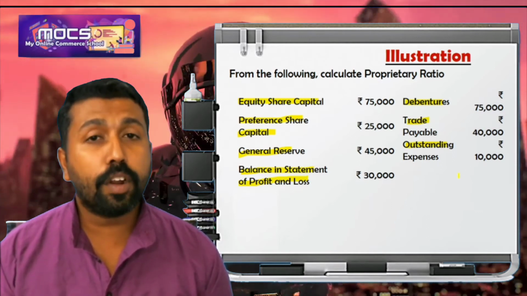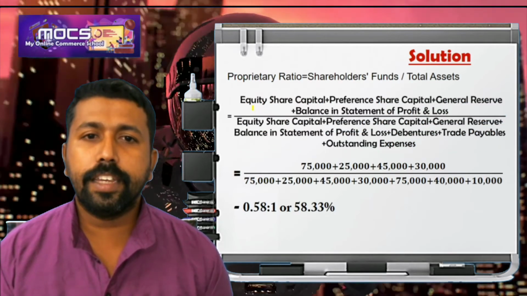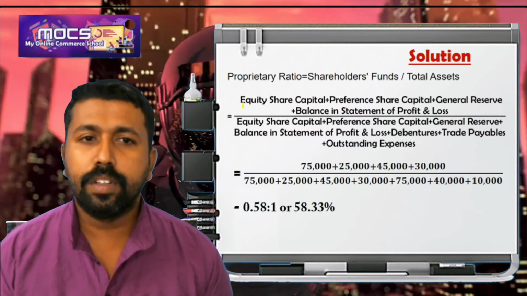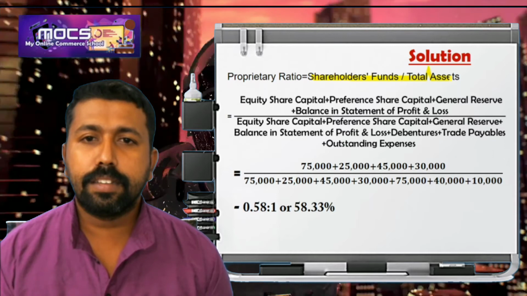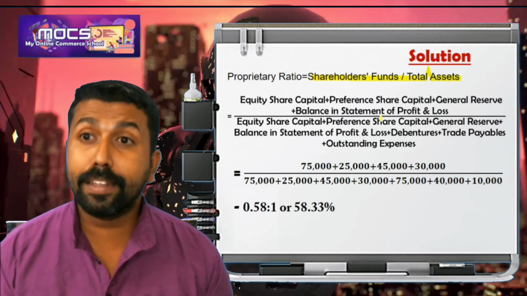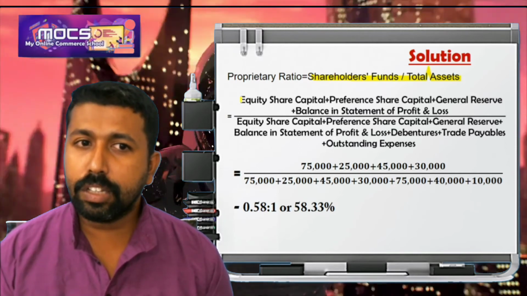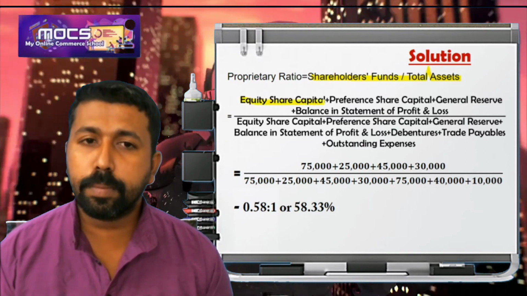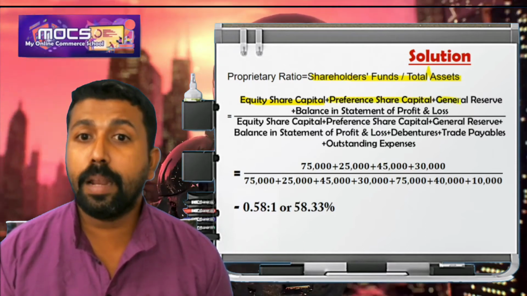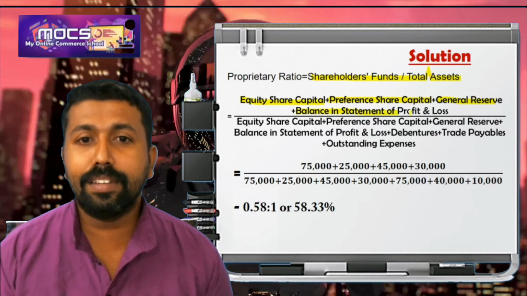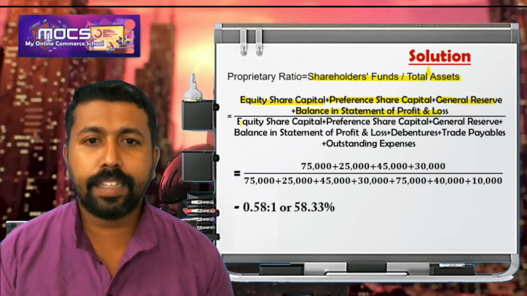How can we find out the total asset? Just listen to my words. The equation we can frame like this also. Shareholders fund divided by total asset is the summary form of the equation. But as per the question, we can frame the equation from the information available in the question. Equity share capital plus preference share capital plus general reserve plus balance in statement of profit and loss, divided by total asset.